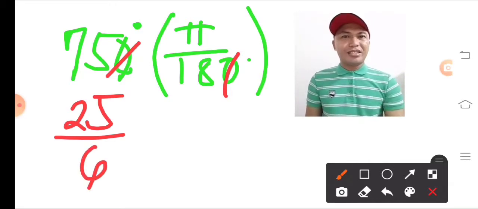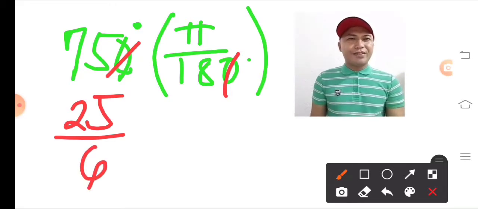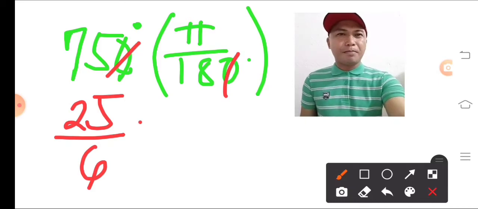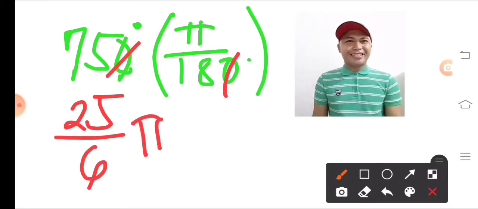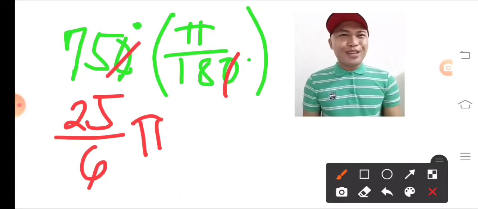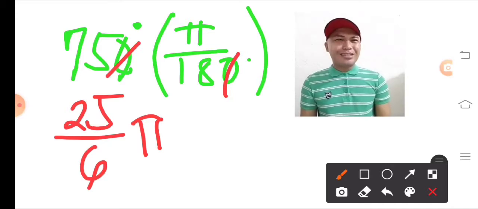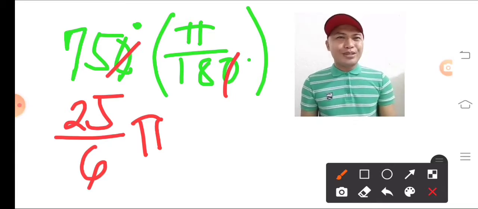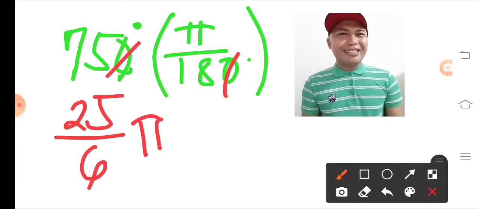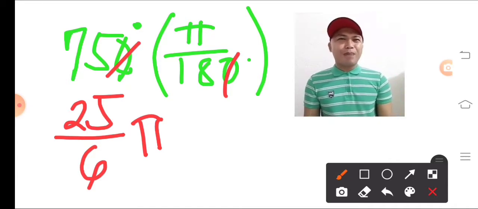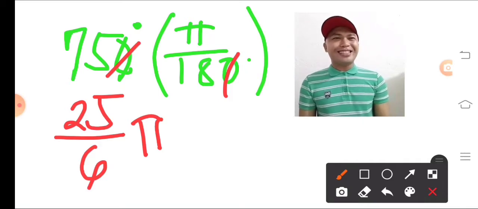So the result is 25 over 6 pi. Okay, that's easy. Again, if you're going to write degrees into radians, you have to remember to multiply the given degrees by pi over 180 degrees.